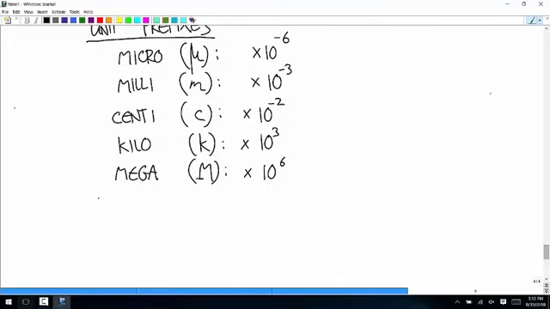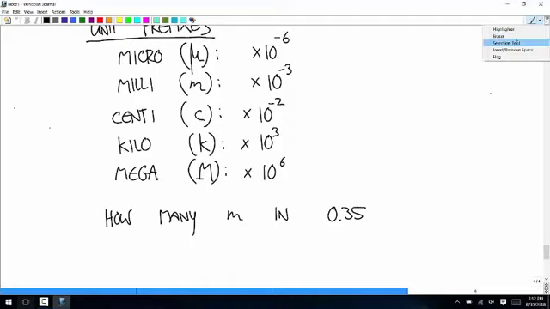And so if you're converting, like, how many meters are there in 35 centimeters?